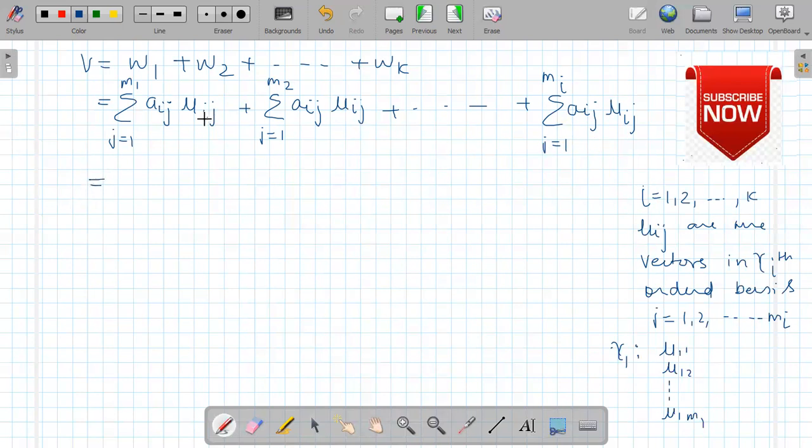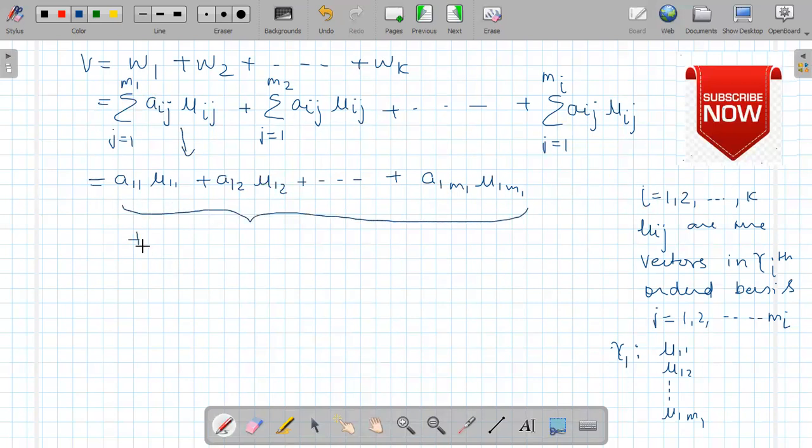So this is nothing but you can write like this: A11 mu11, A12 mu12, A1M1 mu1M1. This is the expanded form of this summation.